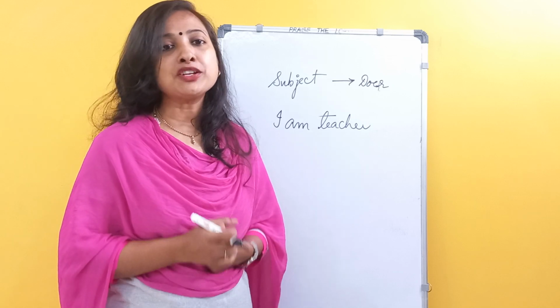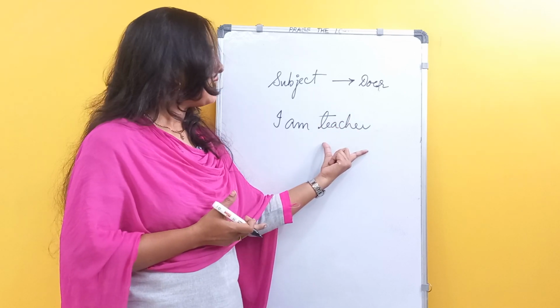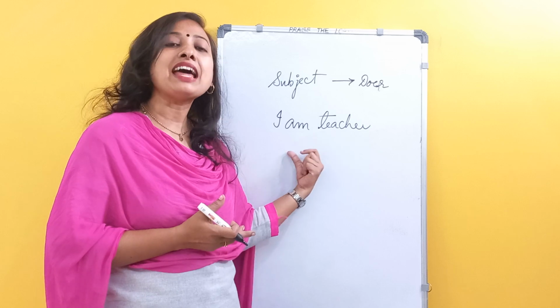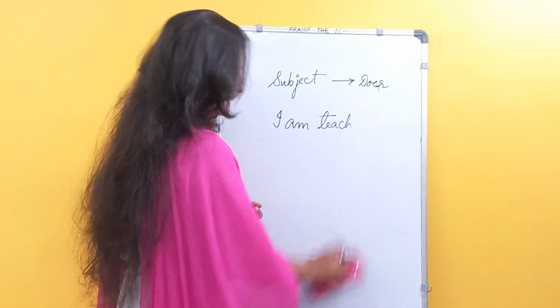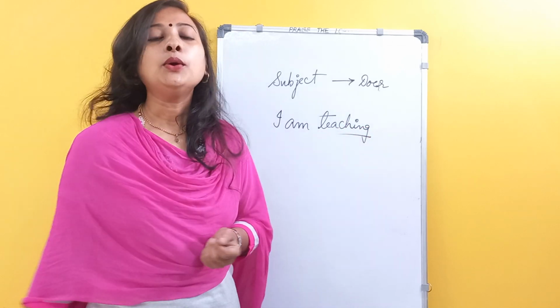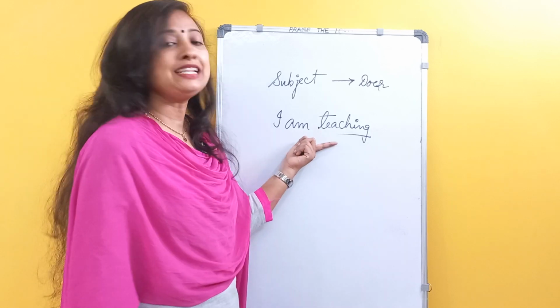Okay, what is the action being done? If I say I am a teacher, that is in general. But if I say I am teaching, what is the action being done? Teaching.